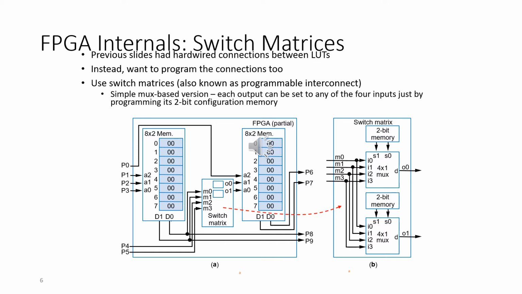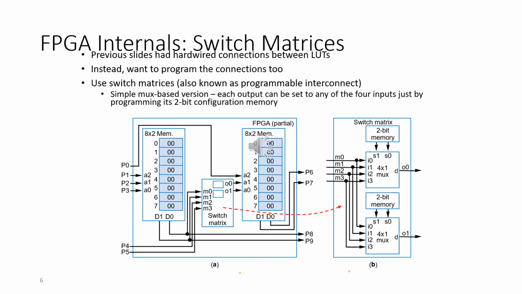So we use a switch matrix, also known as programmable interconnect. What are they? They are a simple mux-based version. Each output can be set to any of the 4 inputs. You can see we can switch between 2 inputs and 2 previous LUT outputs.